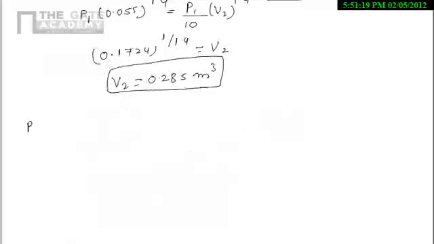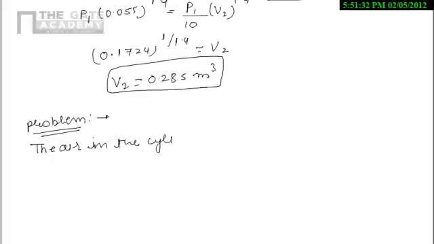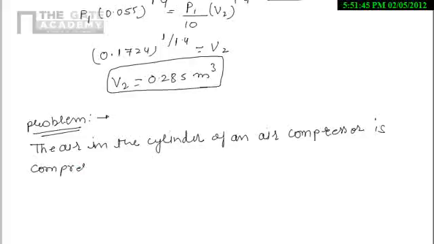Let's take another problem. First writing the problem here. The air in the cylinder of an air compressor is compressed from 150 kilopascal to 15 megapascal.